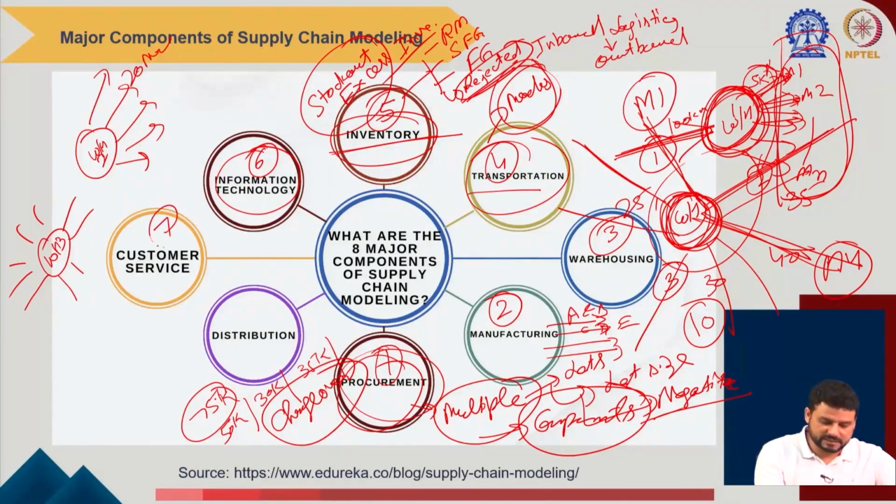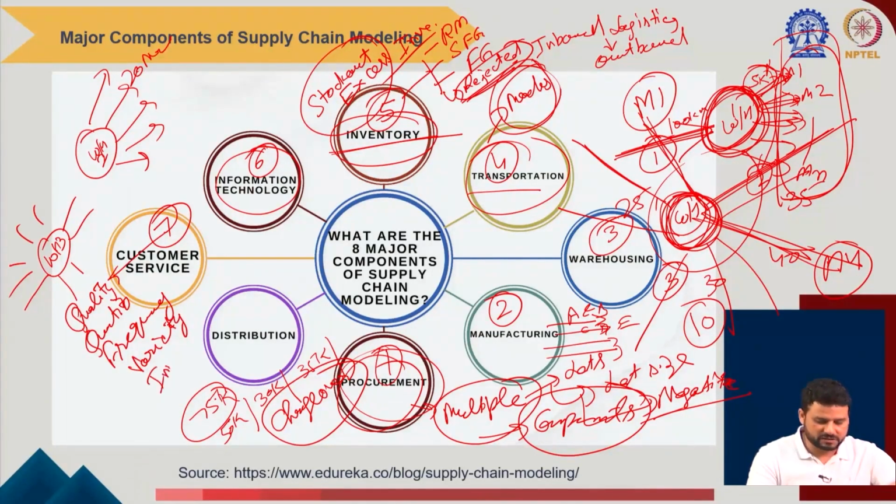Then customer service is another point. What type of expectations are coming from the customer in terms of the quality level they expect, the quantity, the frequency, how frequently they are buying, the variety they are looking for, the innovation in the product, and the delivery?